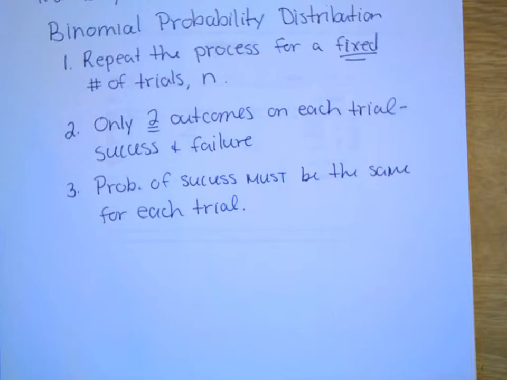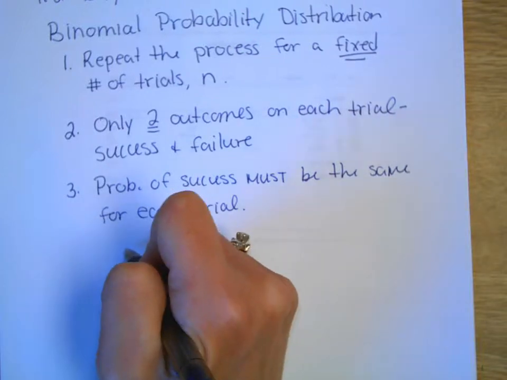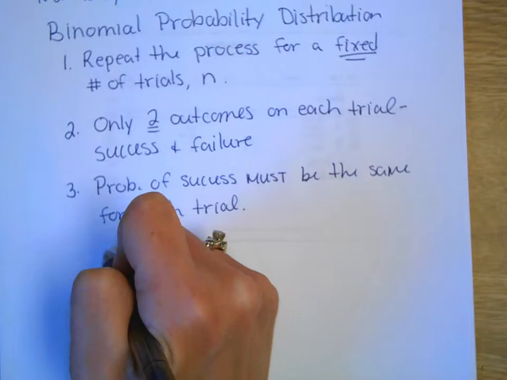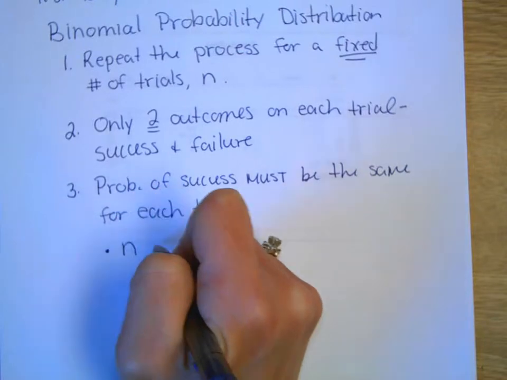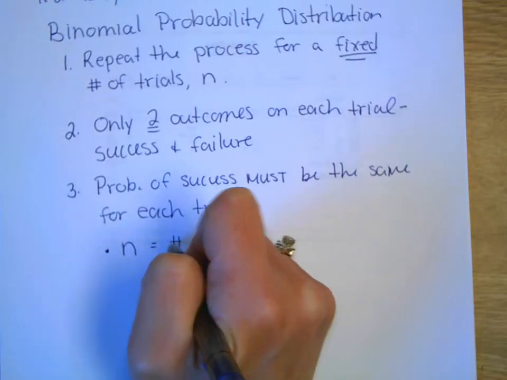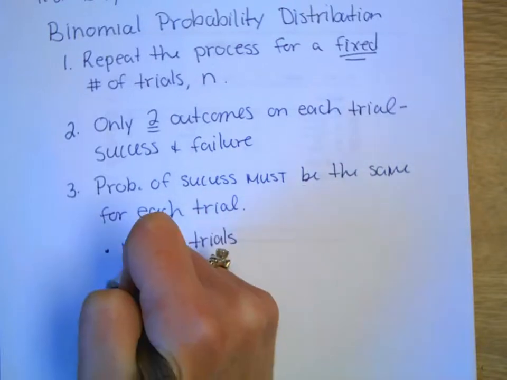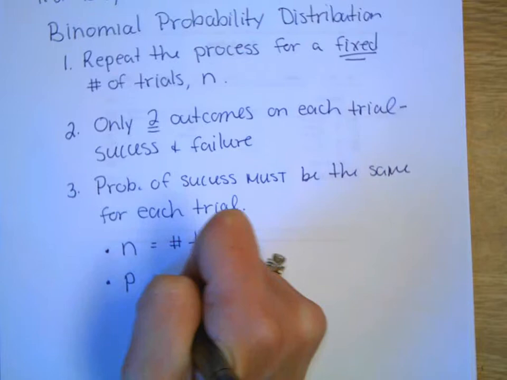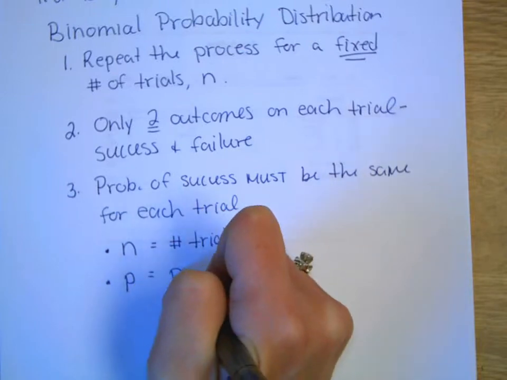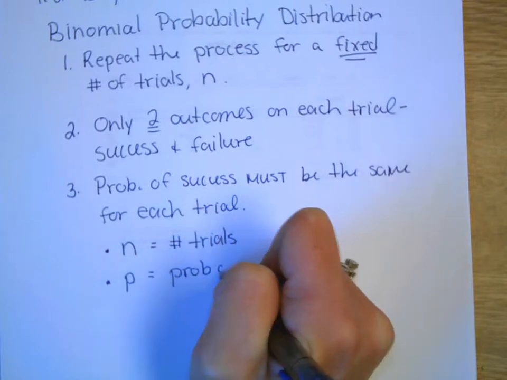Okay, the variables that we're going to be working with. I already gave you N. N is going to represent the number of trials. P is going to represent the probability of success.